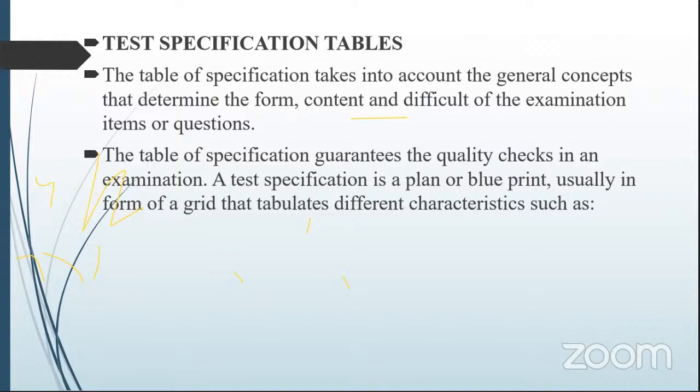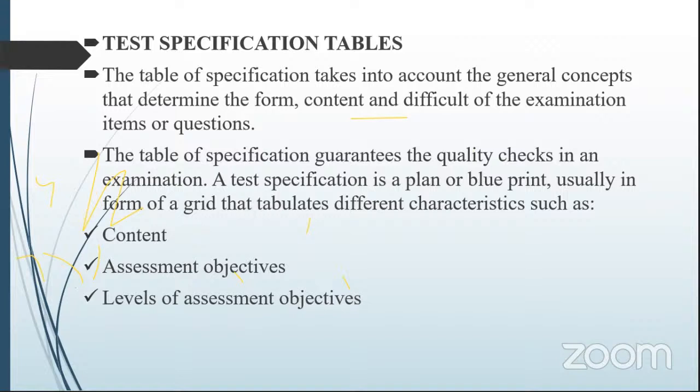A test specification is a plan or blueprint. Usually, it is in the form of a grid that tabulates different characteristics, such as content, what am I writing about?